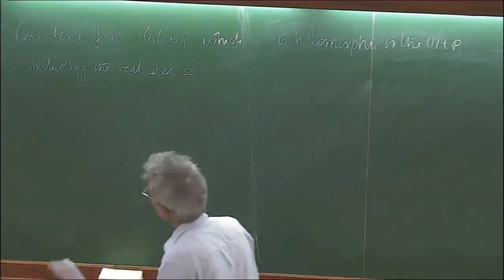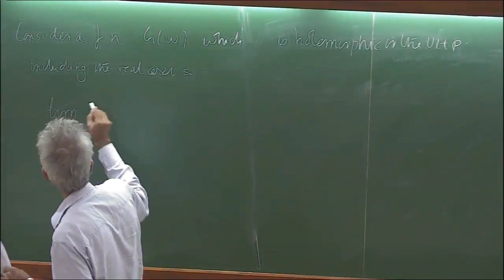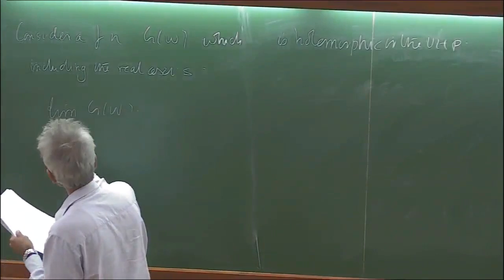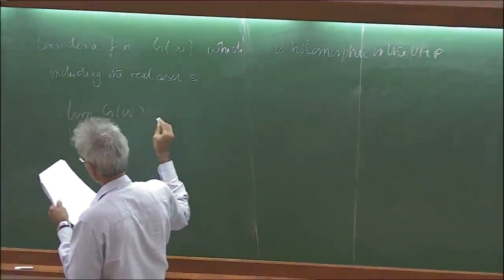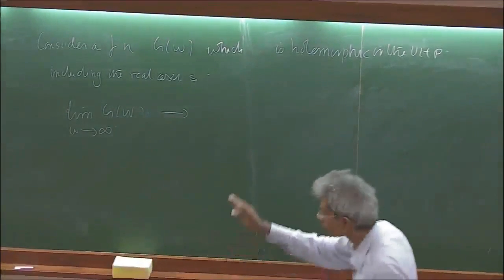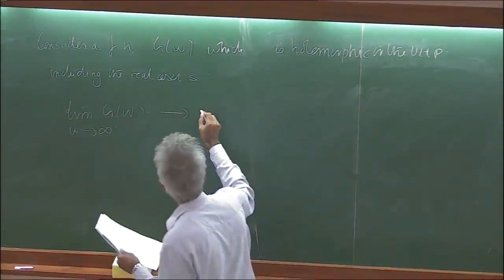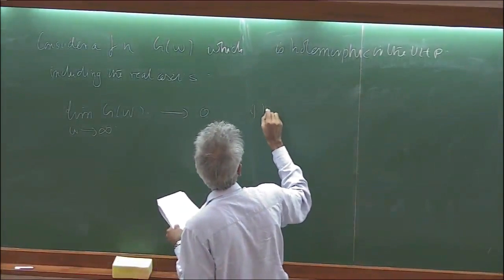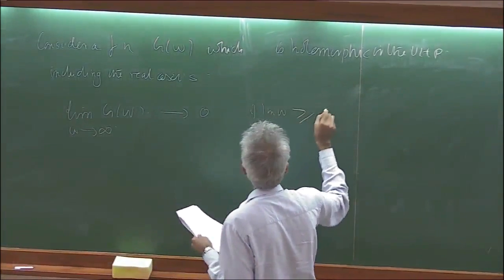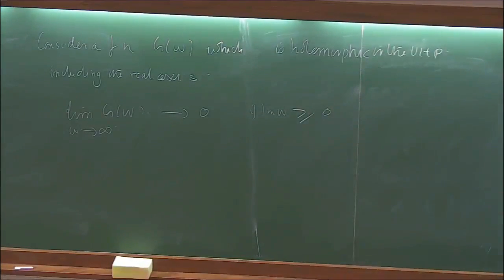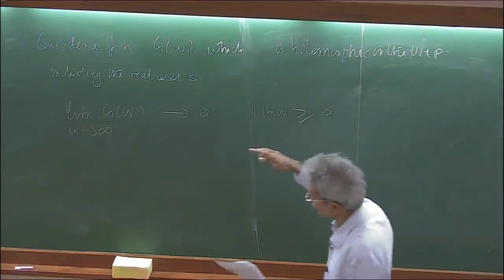And say it has such convergence properties. Precisely specifying it, we will refine it as we go. It goes to 0 as omega becomes large in the upper half plane, imaginary omega greater than or equal to 0.